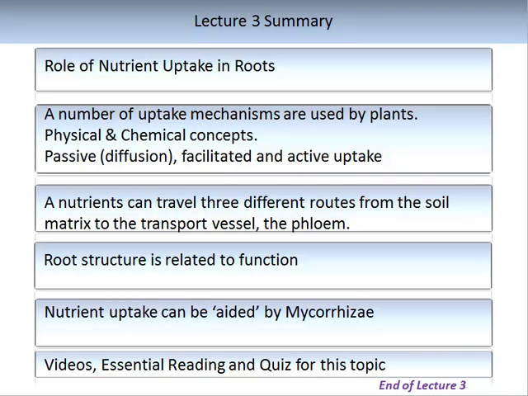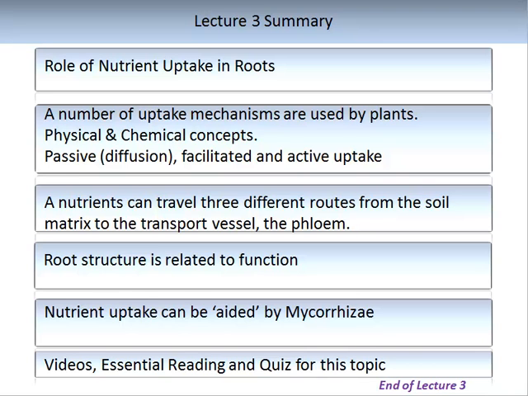The way a compound is taken up depends on both the physical and the chemical composition of that compound. We've learned about uptake mechanisms such as passive, which also covers diffusion, facilitated and active uptake. We've learned that nutrients can travel 3 different routes from the soil matrix to the transport vessels, the phloem and xylem.